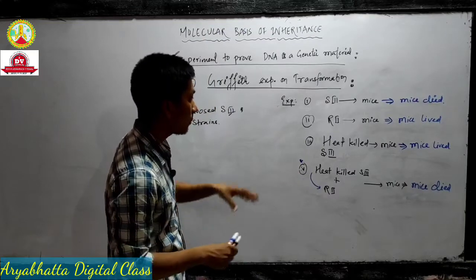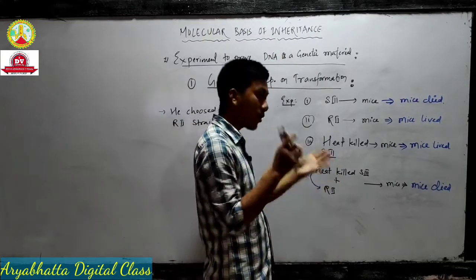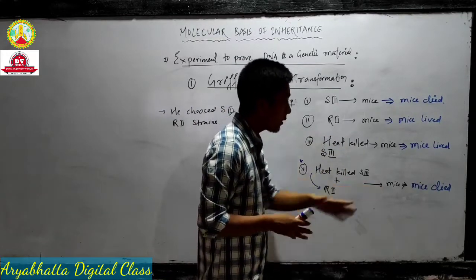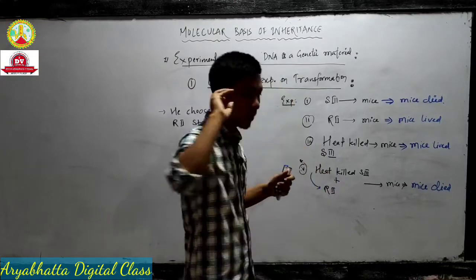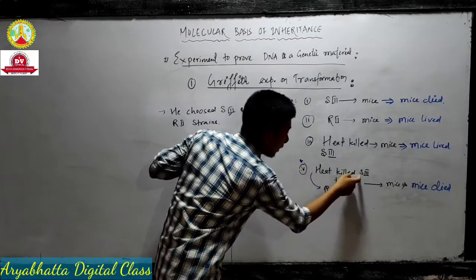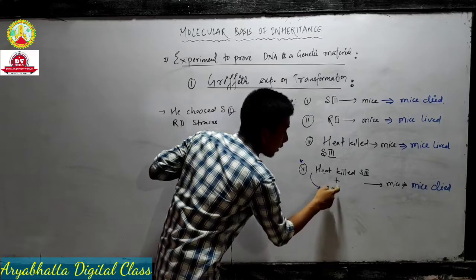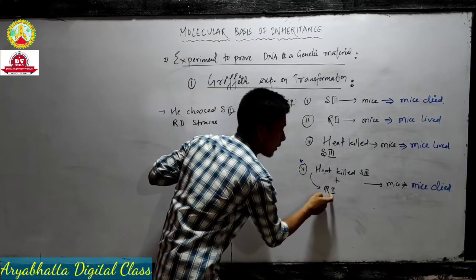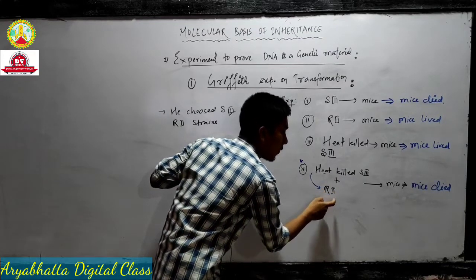Okay, so far he came to the conclusion that when the heat killed S3 and R2 were combined, the mice died. So he analyzed that the heat killed S3 strain must have transferred something into the R2 strain. R2 strain is non-virulent, it does not cause diseases, but when something is transferred into the R2, it must have transformed into virulent.